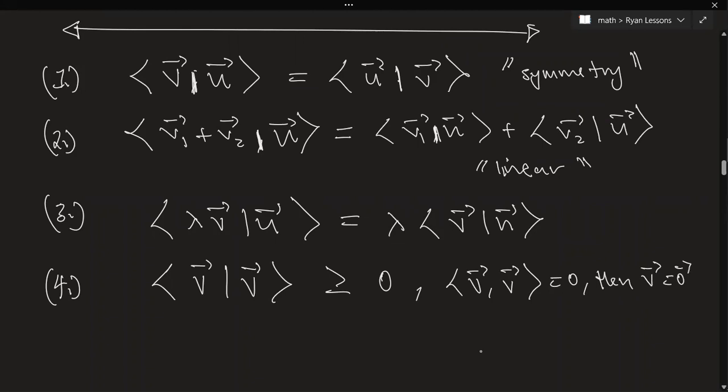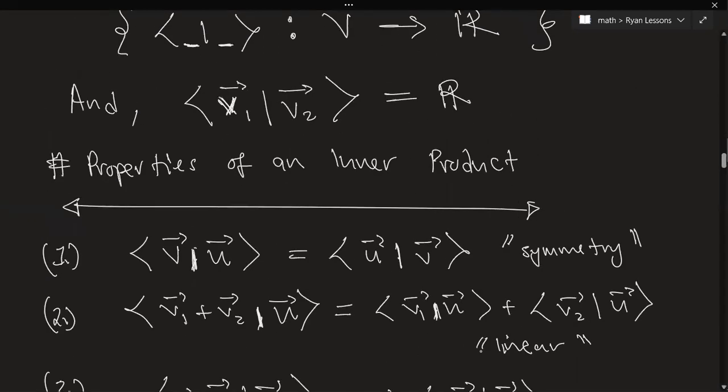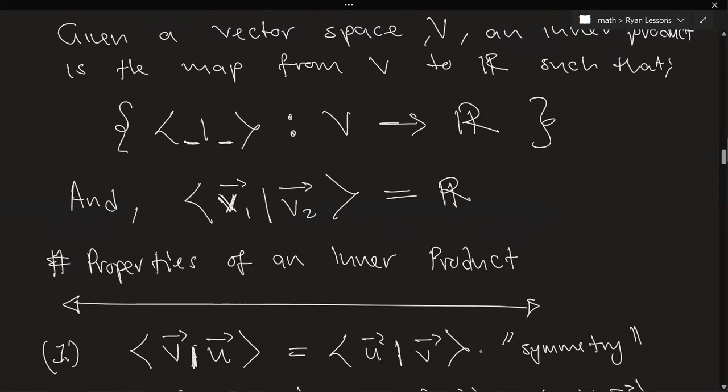So this is the information that we have to know about inner products, that they satisfy such results. These are properties which come together with this object that we call the inner product.